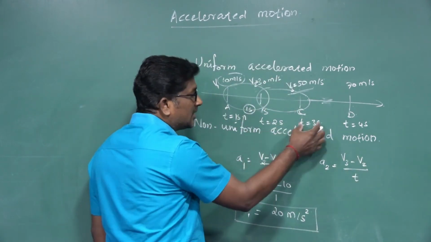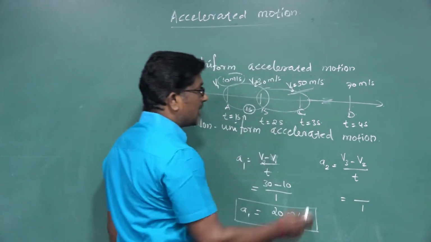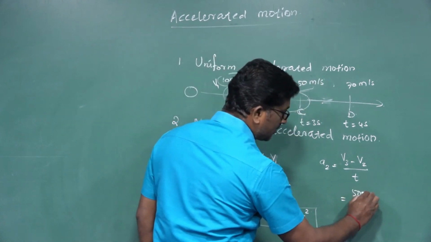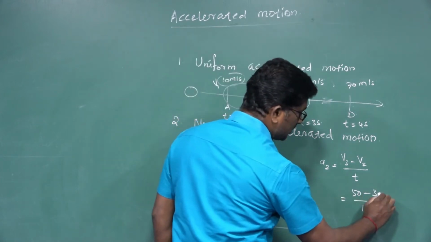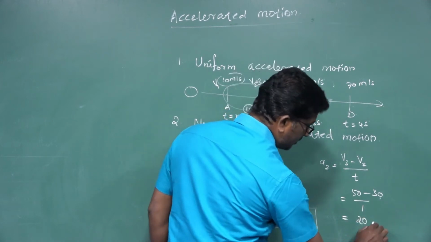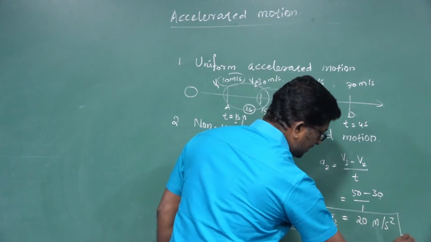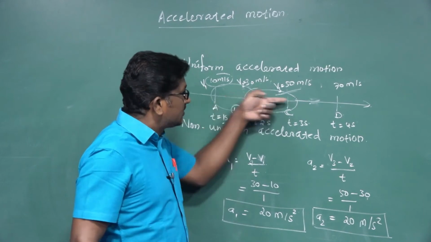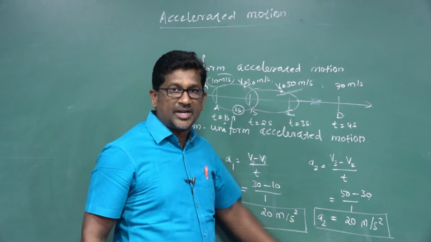Here the time interval is 3 seconds minus 2 seconds, 1. V3 is the final velocity, 50, and the initial velocity V2 is 30. So 50 minus 30 is 20, and 20 divided by 1 is 20. So the acceleration during this time interval is also 20 meter per second square.